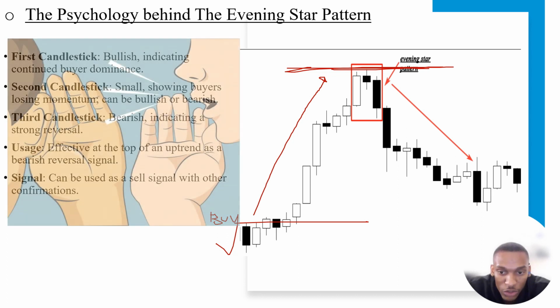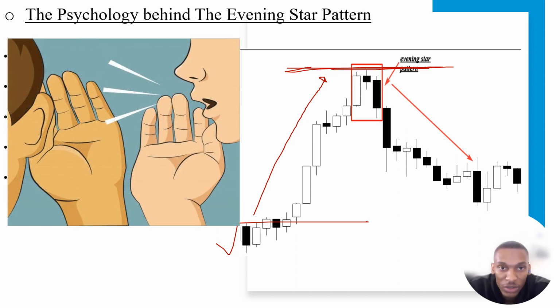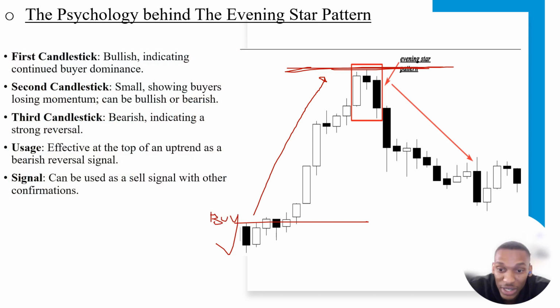The market is telling you, all right, get out of the trade, I'm about to reverse. If you are arrogant, if you do not understand what the market is trying to tell you, you will not get out. You'll hope that the market continues going up, but that won't happen. The market will start to go against you until you are at break even, or worse, you lose profit all the way downwards.